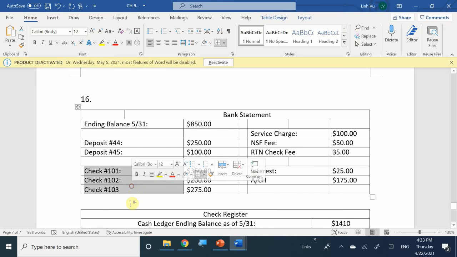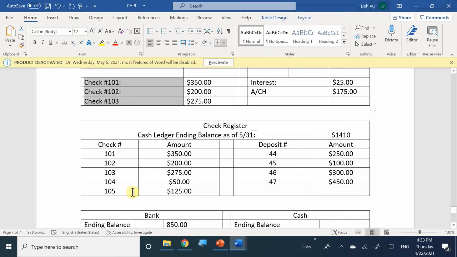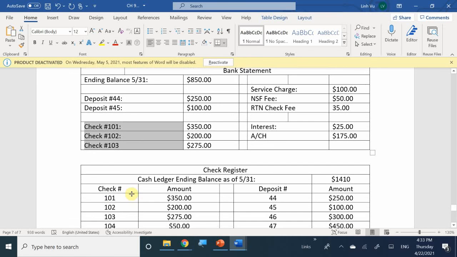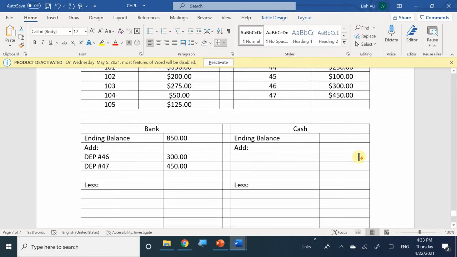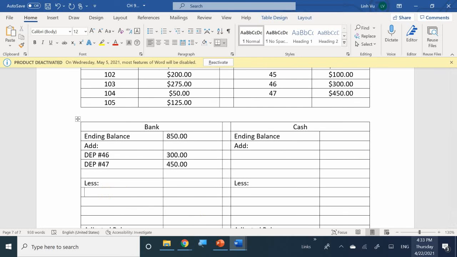Just 3. So we're missing which check numbers? 104 and 105. So now we can insert check number 104 and check number 105.